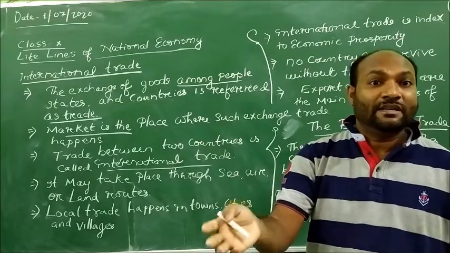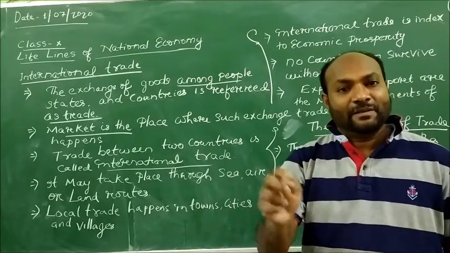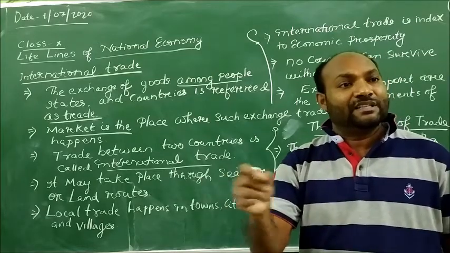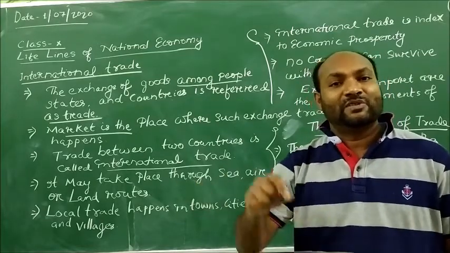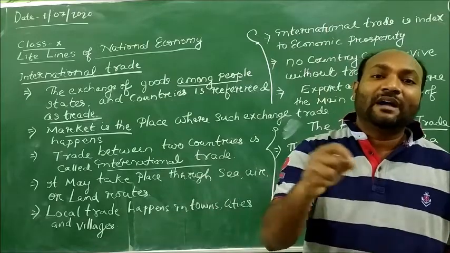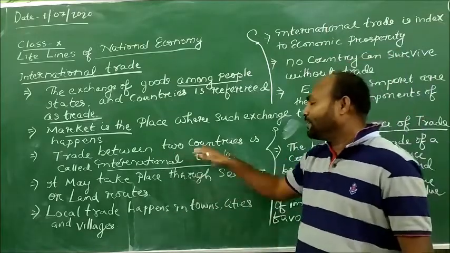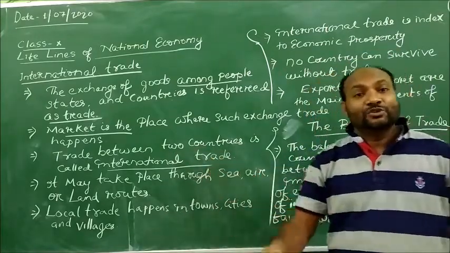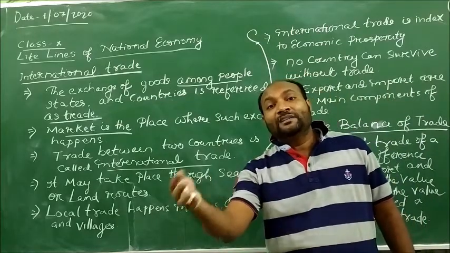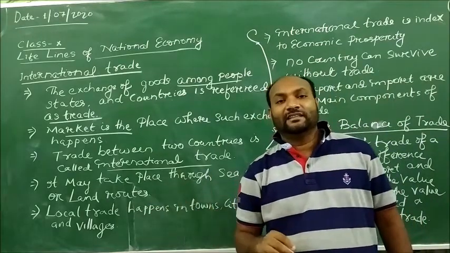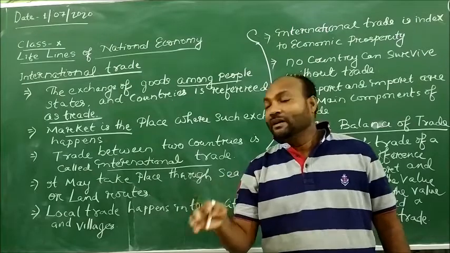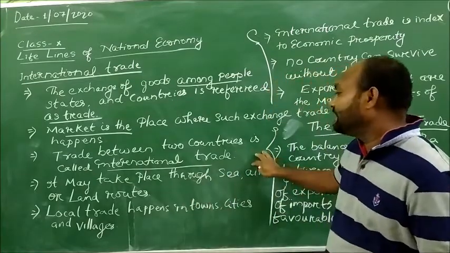All these are imported to India. Though India has production, it is not good enough to fulfill the demands of the society. That is why we depend upon other countries, and that is why we need to have international trade here.